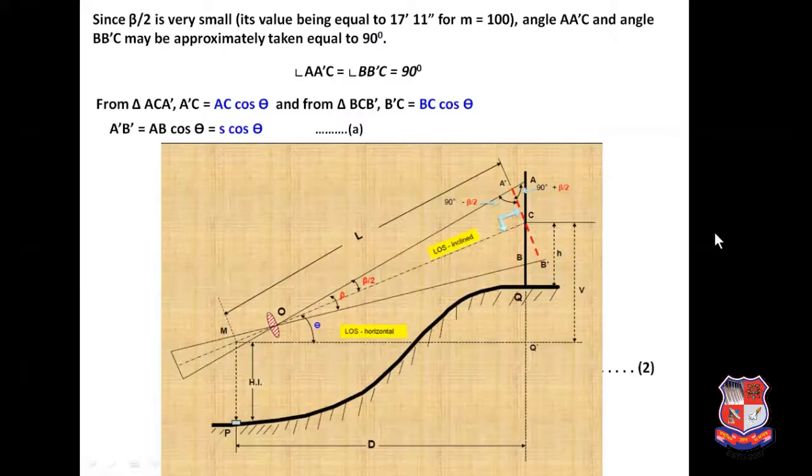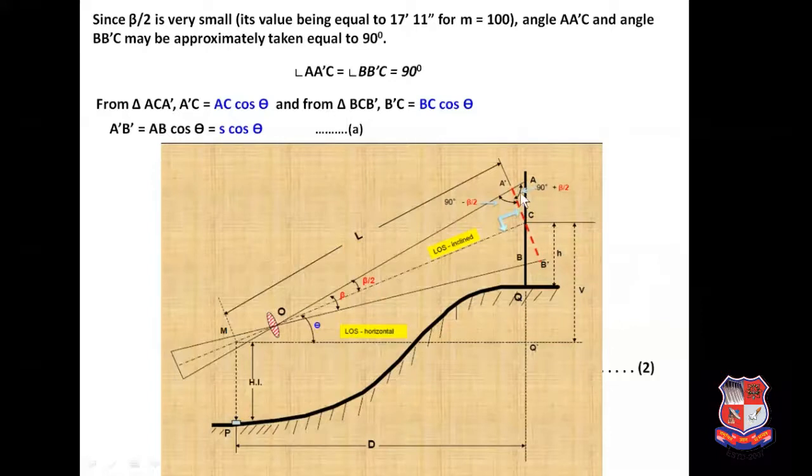Now from the triangle A C A dash, listen carefully, study the figure carefully. What is the value of A dash C? A dash C will become AC cos theta. How is it happening? This angle is theta, so you have to apply the cos rule.